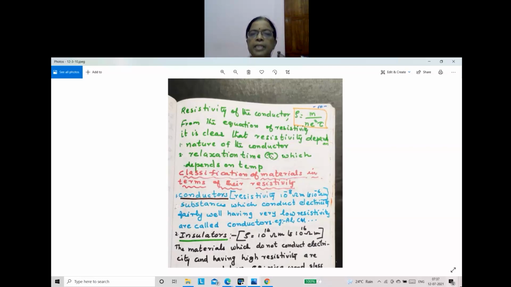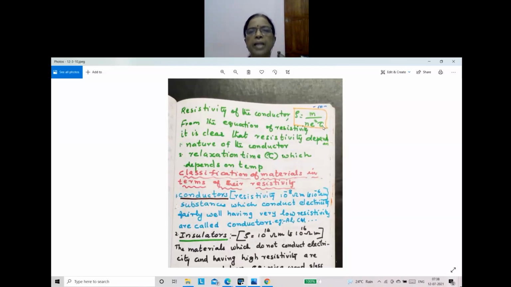When temperature increases, collisions become more frequent and relaxation time decreases. The time for collision decreases when temperature increases. They vibrate more frequently and relaxation time decreases. So, resistivity depends upon the nature of the material and relaxation time.